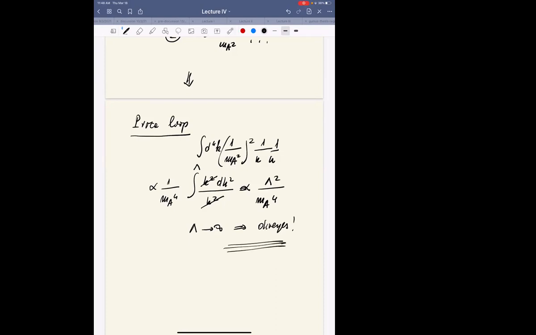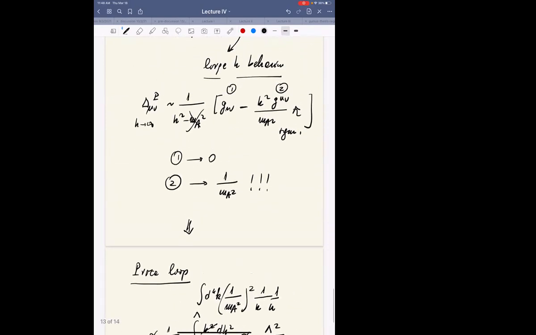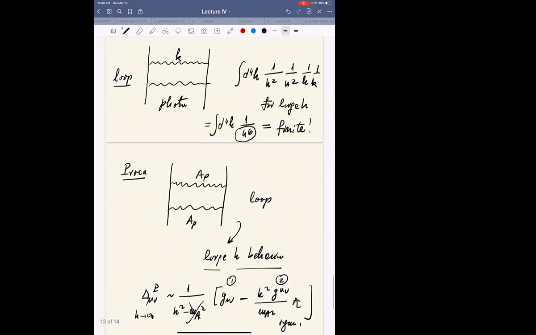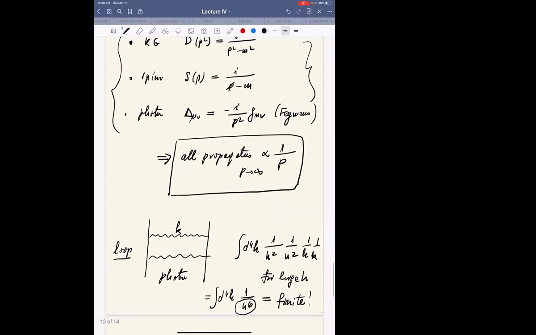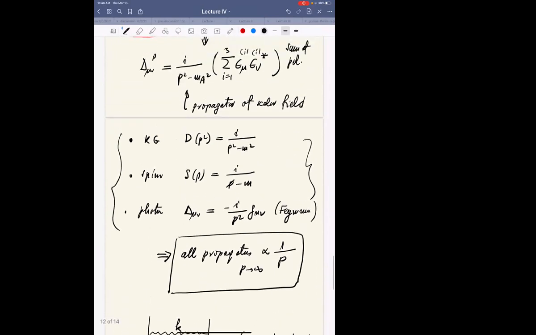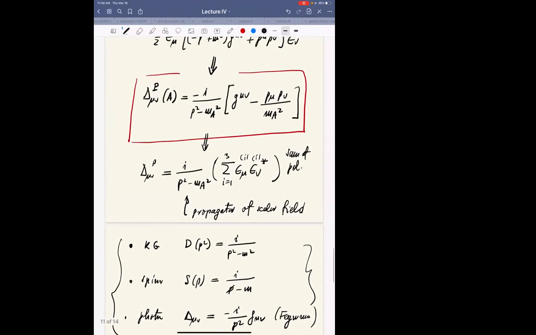This is the famous problem of the massive gauge field that led to one of the greatest revolutions in modern physics, which is the Goldstone and especially the Higgs mechanism. Glashow knew that in 1961. Glashow knew that there was a problem.